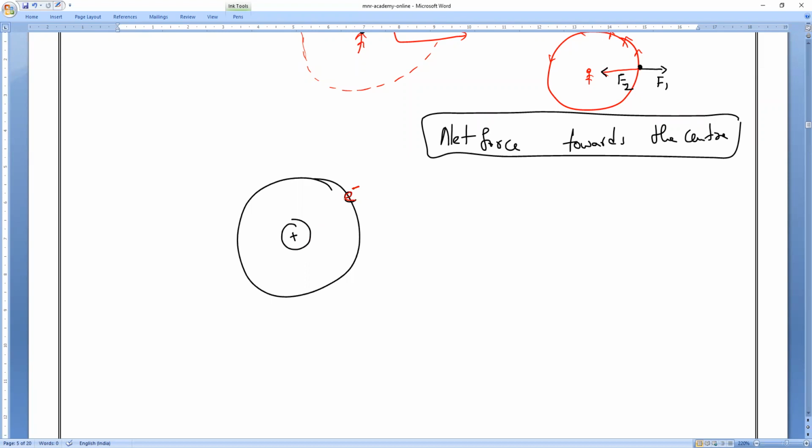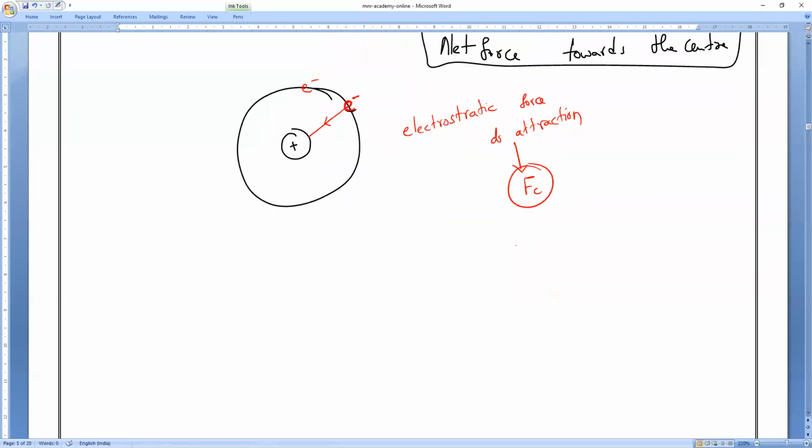So how is it happening? A resultant force is exerted towards the center. That force making the electrons revolve is the electrostatic force of attraction. In physics, this electrostatic force, the resultant force which makes the electrons move in a particular orbit, is the centripetal force.